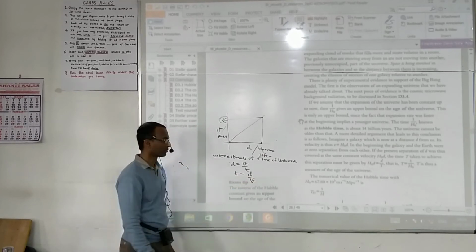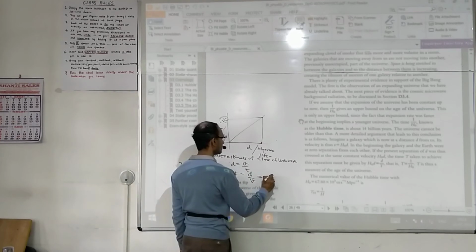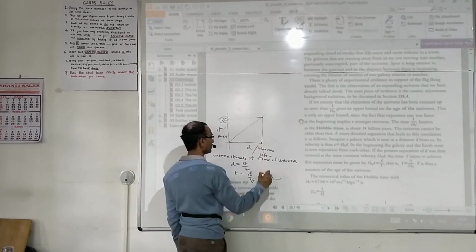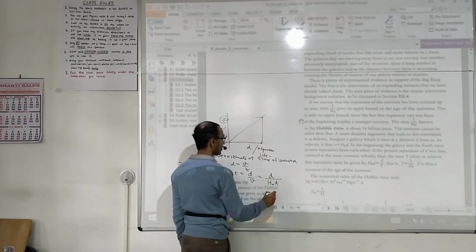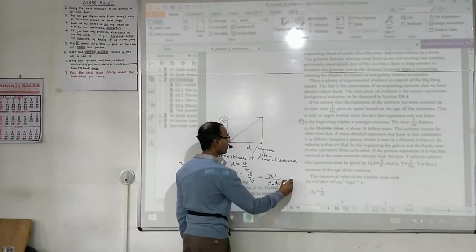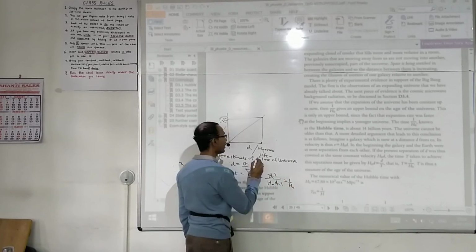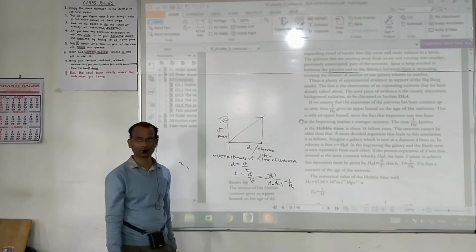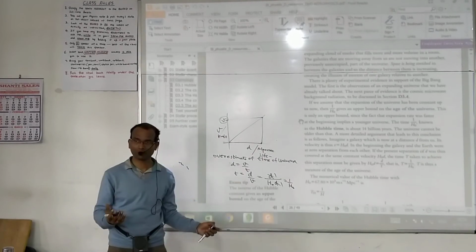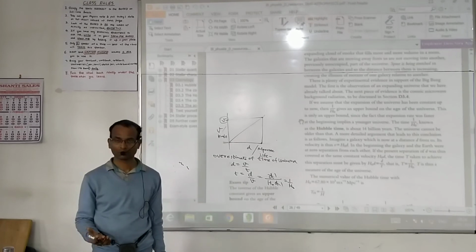This distance is d and speed is H naught d. So d cancels and you get 1 by H naught as the time taken for the galaxy to reach this distance. So this is the estimate of the lifetime of the universe till now.